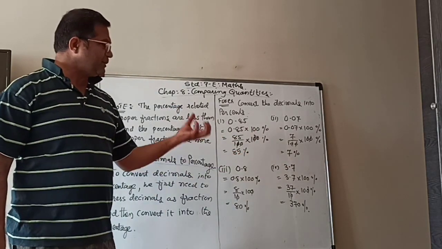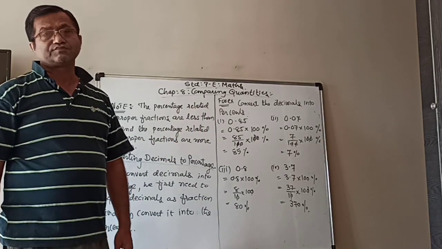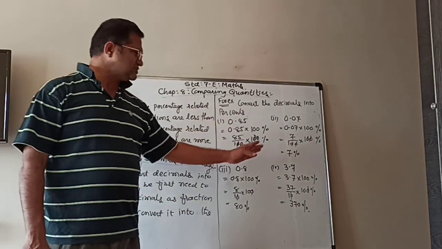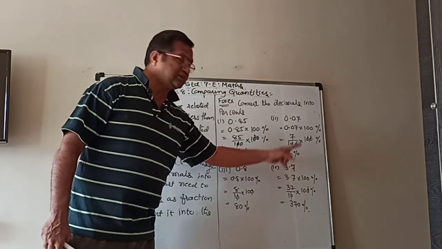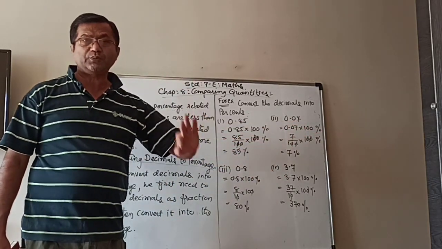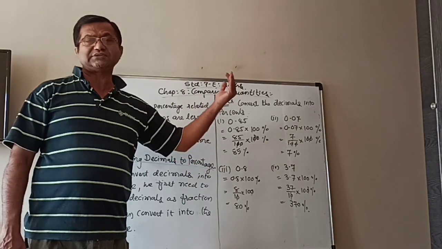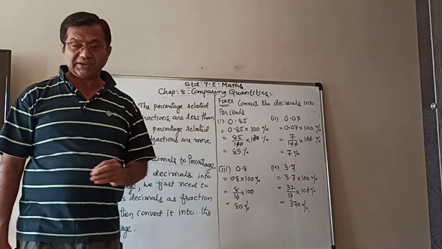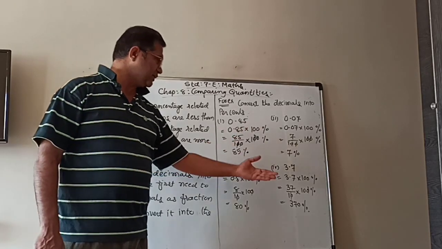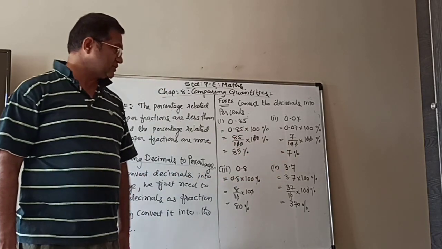The last one is 3.7, which is equal to 3.7 into 100%. Here there is one digit after the decimal point, so you put 10. If you take out the decimal point and put 10, it is 37 upon 10 multiplied by 100. One zero is cancelled.